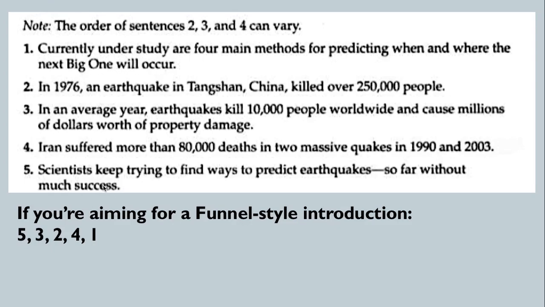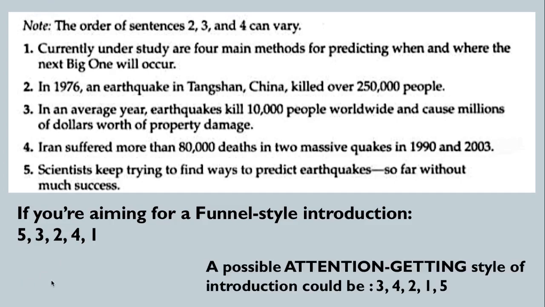So we start off general, prediction, earthquakes, and then we end with the specific, that there are 4 main methods of doing this. But there's another approach. Attention-getting style could be, in an average year, earthquakes kill 10,000 people worldwide and cause millions of dollars of damage.